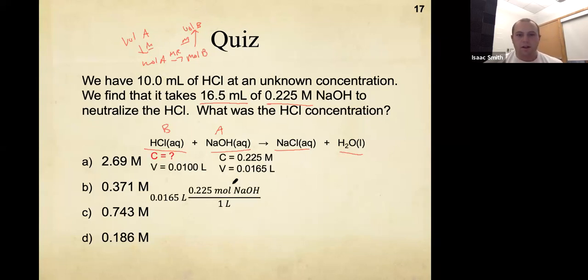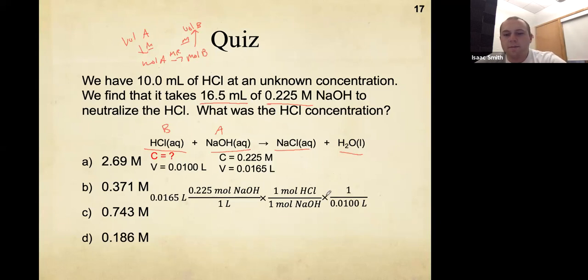So let's follow this through. We're starting with our sodium hydroxide solution, the volume and the molarity, and that gives us moles of sodium hydroxide. Use the ratio to go to moles of HCl. And then you could stop there and solve for moles of HCl and then just divide by the volume, or you could do it all in one line. Here we're saying we have 0.01 liters, that's 10 milliliters of HCl.